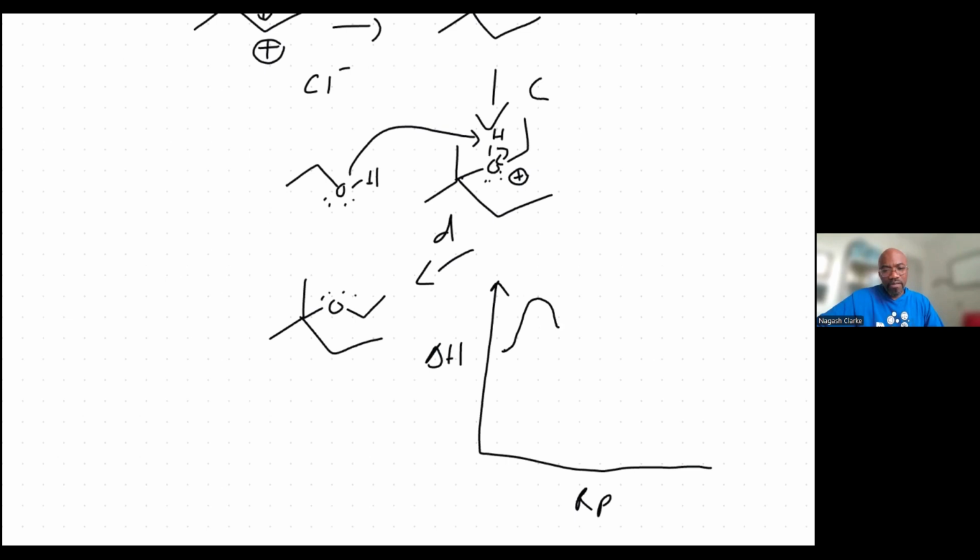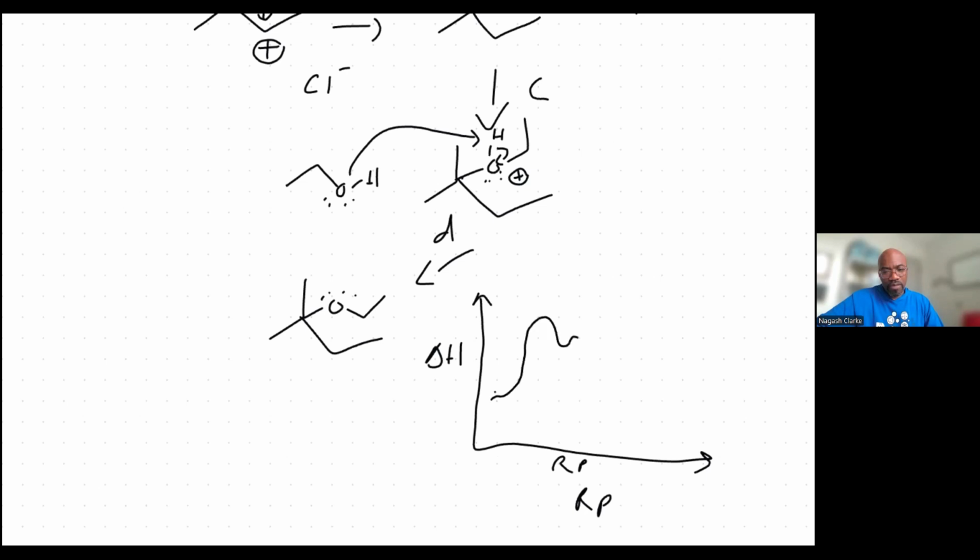Then we have rearrangement, and then we have a nucleophile attacking. Reaction progress is along the x-axis: carbocation forms, rearrangement, nucleophile attack, and deprotonation. This is A, B, C, D.